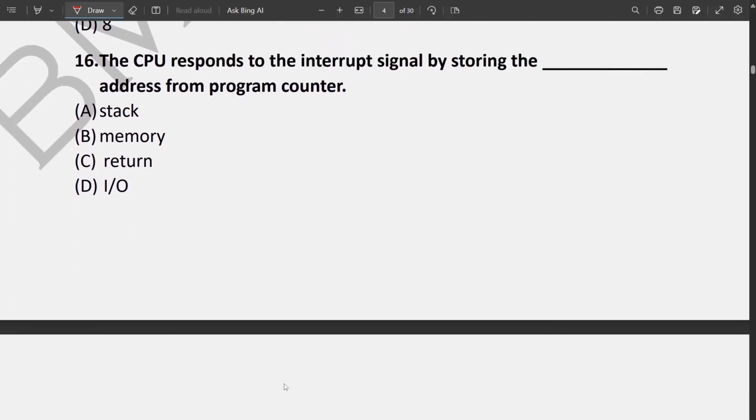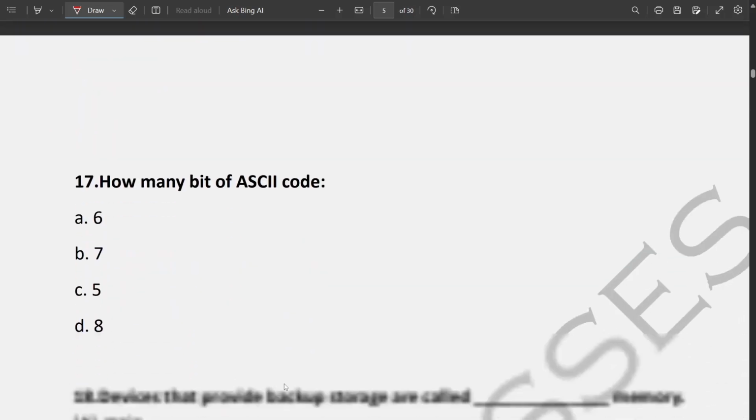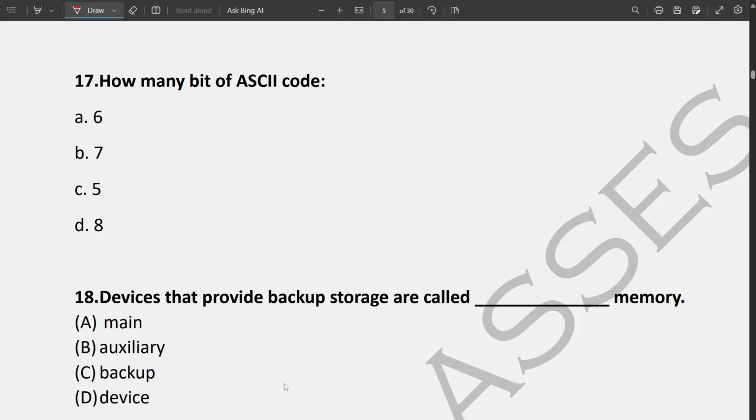Next, the CPU responds to the interrupt signal by storing the return address from the program counter. Option C is correct. Next, how many bits of ASCII code? The answer is 7. ASCII code has 7 bits.